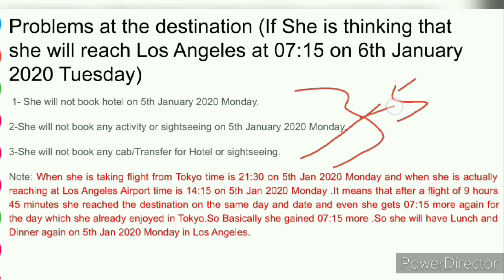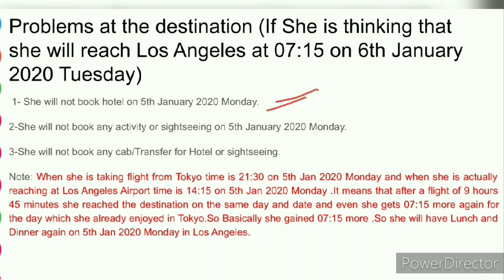So these are the three things that will cause so many problems, so much tension at the destination, because she might not get a hotel once she reaches the destination. It may be season time, so she will not get a hotel in her desired place. So that will be one problem.